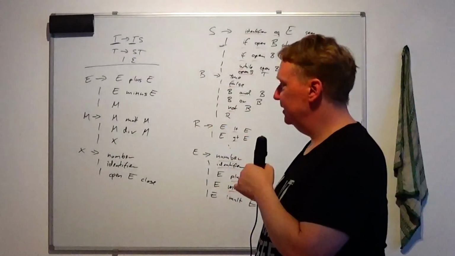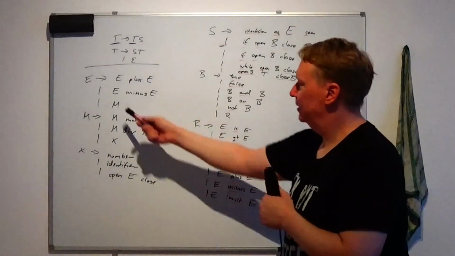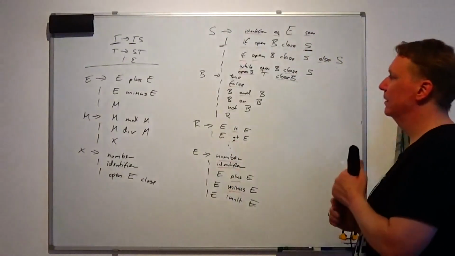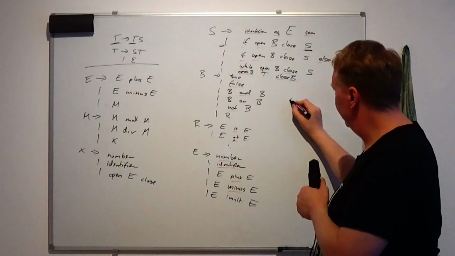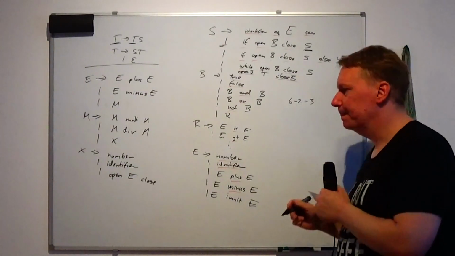But if you do it like this, you get the next problem. When you do it like this, E goes to E minus E. What if you want to parse something like 6 minus 2 minus 3, for example?